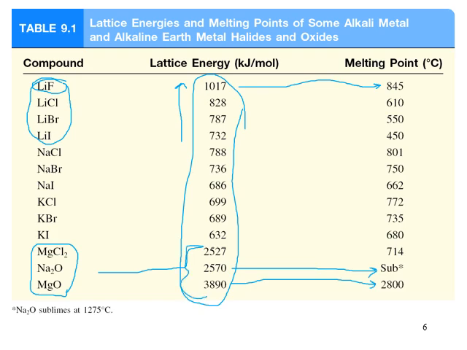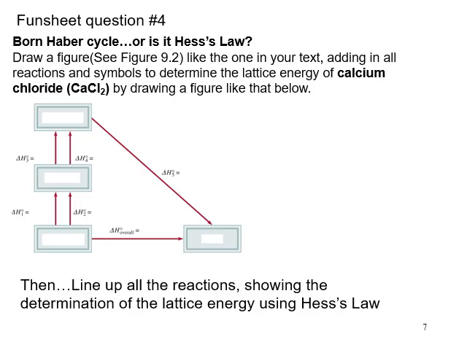So let's look at fun sheet question number 4. For fun sheet question number 4, you've been tasked with drawing a figure just like we saw in the previous slides that showed how a compound is broken up, or how bonds are broken and electrons are added or removed. Then I ask you to line up all the reactions showing the determination of the lattice energy, just like Hess's law.